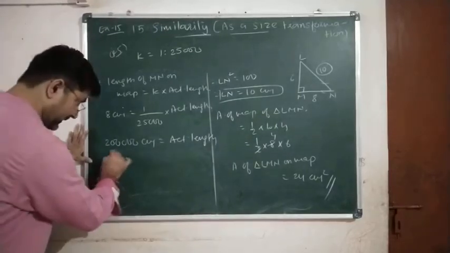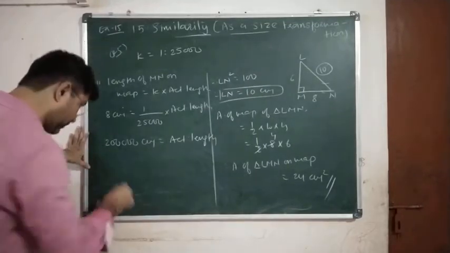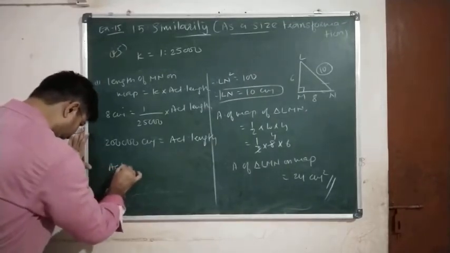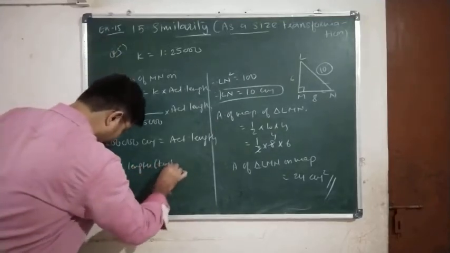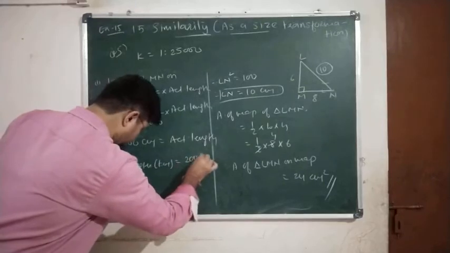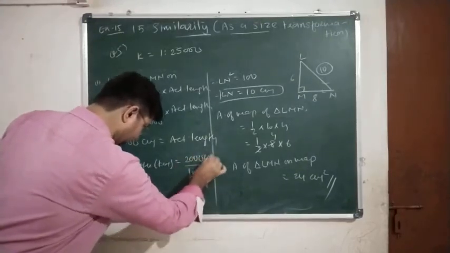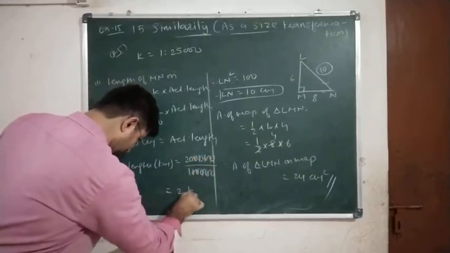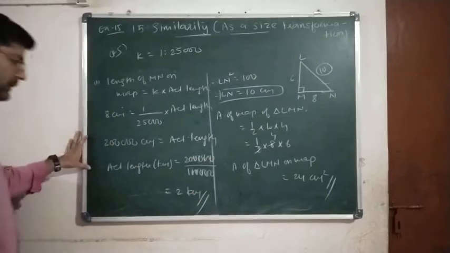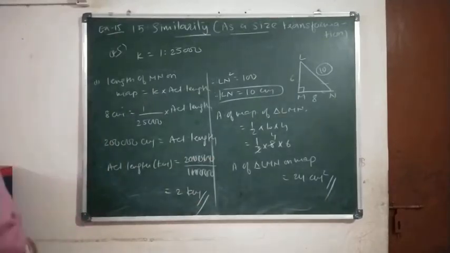This actual length we got in centimeters, but we are asked the answer in kilometers, so we will convert. Therefore the actual length in kilometers will be equal to 1, 2, 3, 4, 5 upon, so the answer will be 2 kilometers. Clear? So this is the first answer.